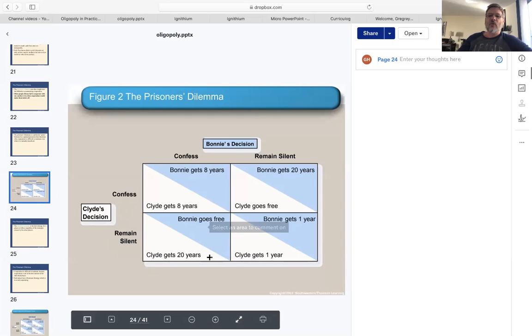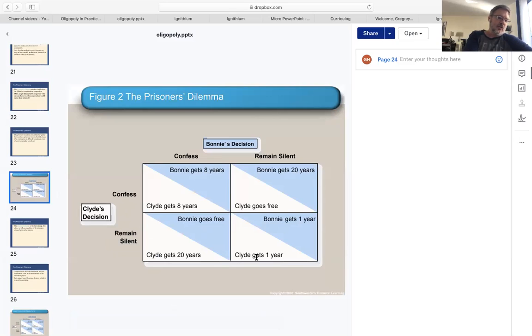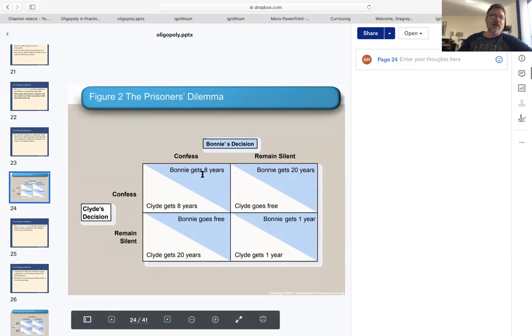So what Nash says is that each player, it's a behavioral assumption, is going to choose to do what's best for themselves, holding the action of the other player constant.